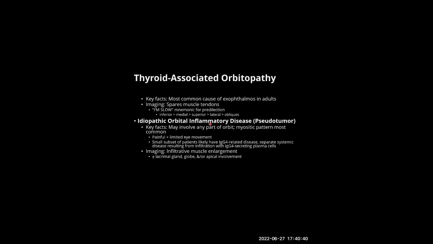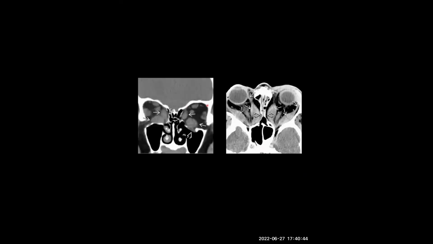The most common sequence is the inferior rectus, medial rectus, superior, and the lateral is not involved in most of the cases, but it can be involved. If you see the other features, the most important is sparing the tendon.